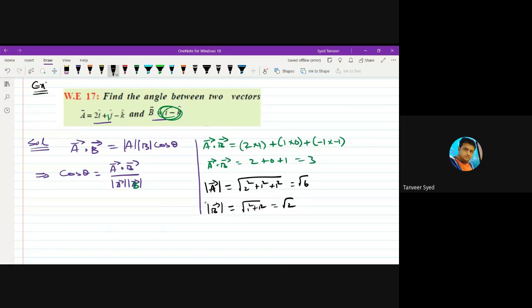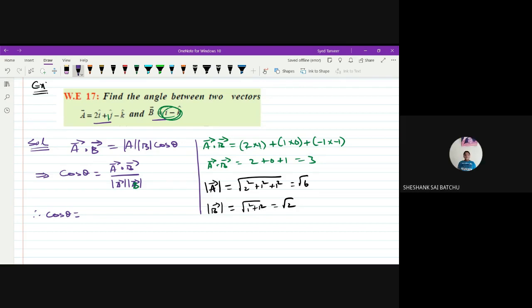Now put all these values here. Sir, the magnitude of the resultant is square root of p square plus q square plus 2pq cos theta, no, sir? That is the magnitude of resultant. Where are we doing resultant here? Are we trying to find resultant of A and B, or are we trying to multiply A and B?